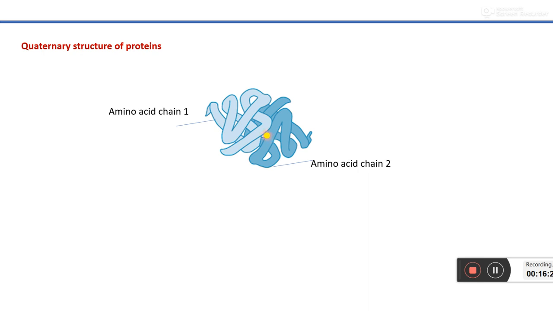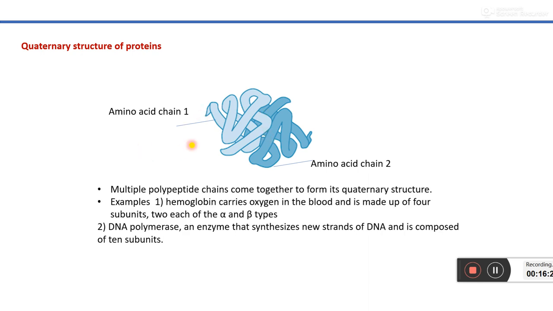So examples are hemoglobin and DNA polymerase. Hemoglobin carries oxygen in the blood and is made up of four subunits, that is two each of alpha and beta types. And DNA polymerase is an enzyme that synthesizes new strands of DNA, and it is generally composed of 10 subunits or polypeptides.